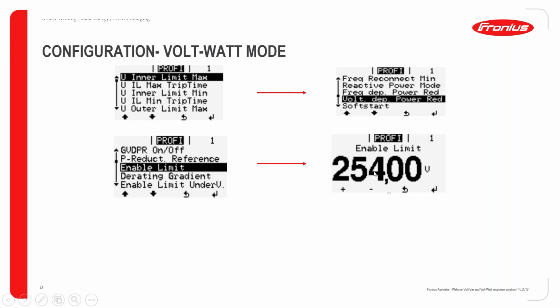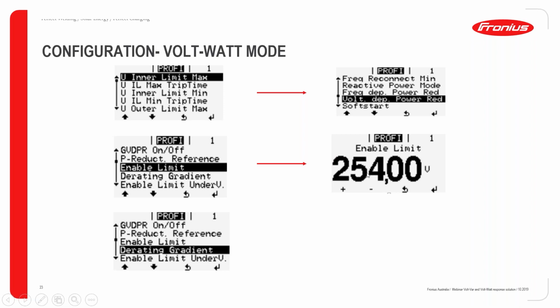It says 254 here, doesn't really matter. So this enable limit can be changed upon request if you have a high voltage issue, but normally we just put it as 250 volts as a default. So the important parameter we want to change today is the derating gradient, which we calculated using the second tool, which I showed you guys before. Just enter into that.